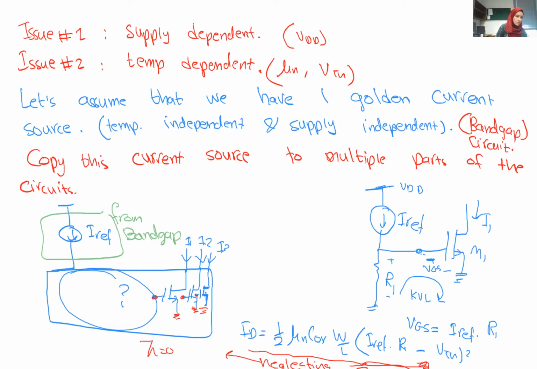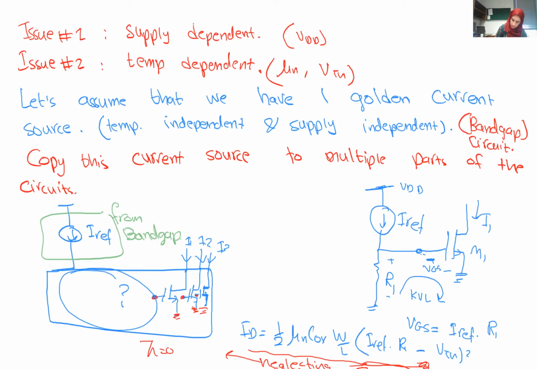Now, did I solve my issue? Did I get clean, perfect copies of my reference current, or do I still have an issue? What about this solution? Is it good or not?